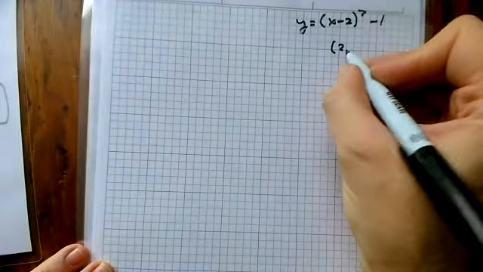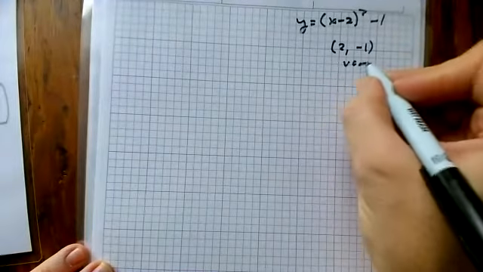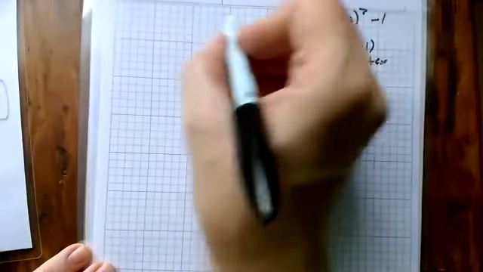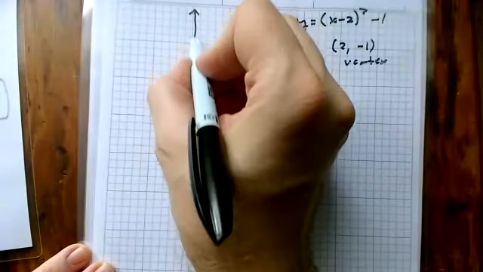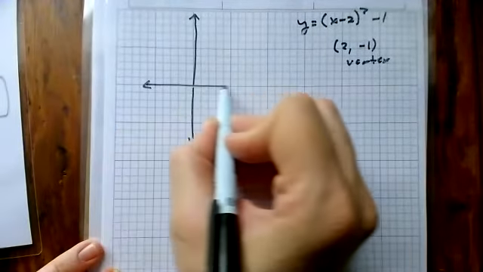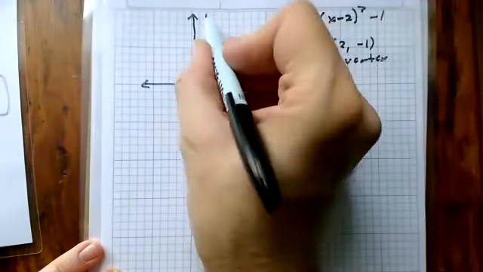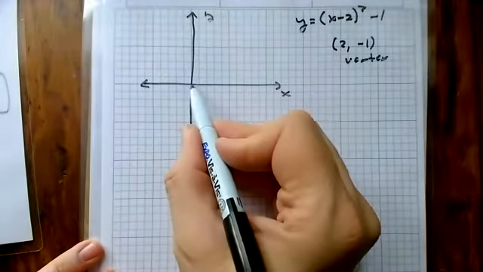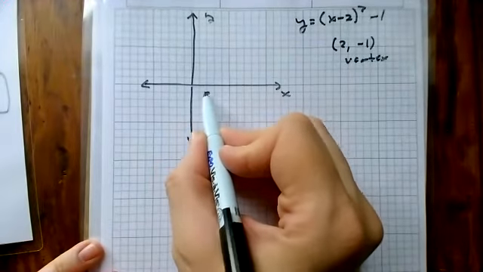Let's do it. This was y is equal to x minus 2 squared minus 1. So we've got a vertex of 2, negative 1. Here's my x, here's my y. So it's 1, 2, and down 1.